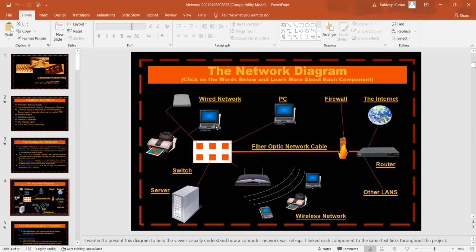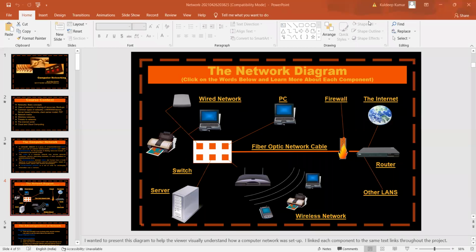In the wired network, one cable is connected to the printer, the other one to the other computer. Wired network was earlier used, but now wireless networks are used. This is a diagrammatical representation of the network.